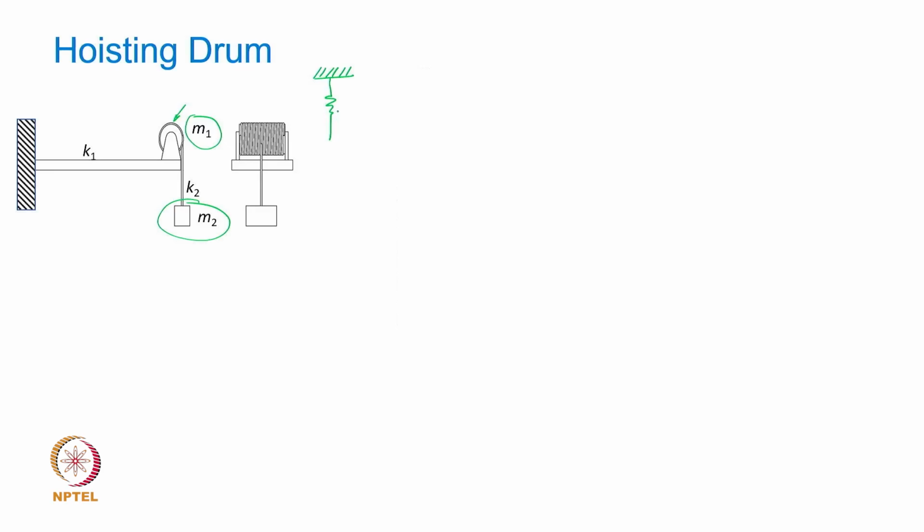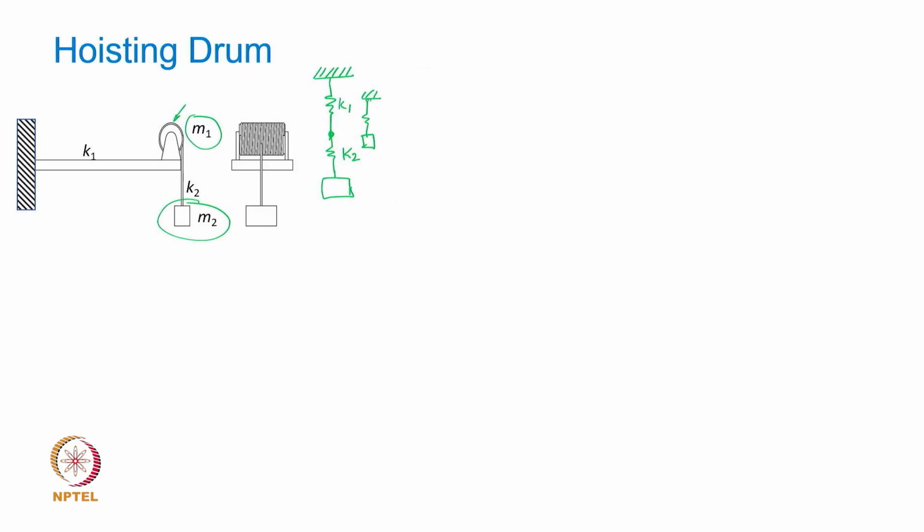With that assumption, the stiffness of the beam, which I can call right here as K1, was directly connected in series to the stiffness of the rope, which is K2 here, and the load being lifted was the only mass in the system. Then we converted this into an equivalent spring mass system, and we evaluated the natural frequencies, and said that's the way we model it and find the dynamic characteristic.